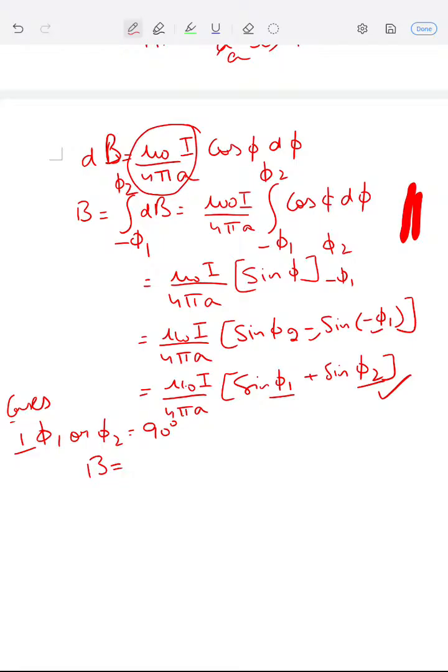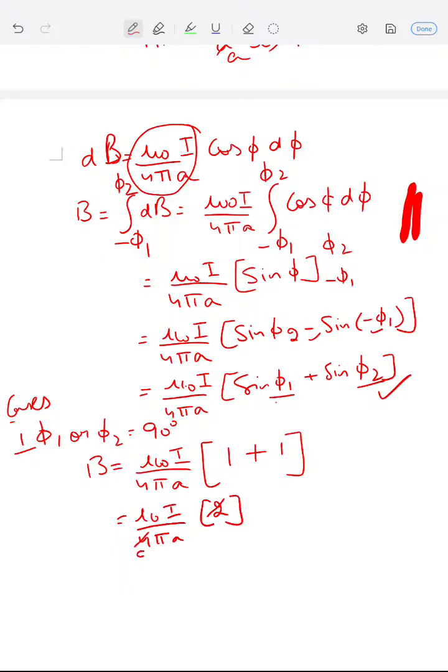This is sin 90, this is sin 90, it becomes 1. So 1 plus 1 will be 2. 2 cancels out with 4. μ0 I upon 4π a, sin 90 is 1. So μ0 I upon 2π a.